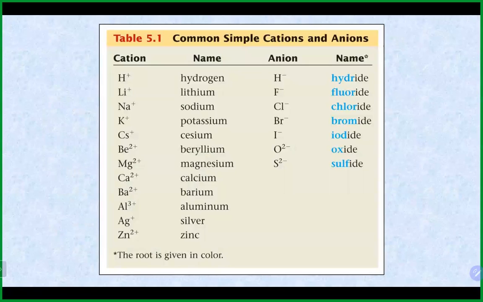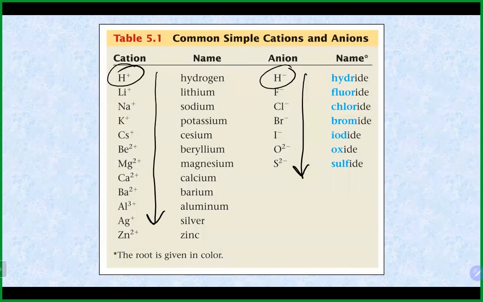Here's a table, as we've talked about: our positive ions get pretty much the whole name, and our negative ions get the IDE. The one exception is our good friend hydrogen. It actually goes both ways. If hydrogen comes after a metal, it will be the negative version of hydrogen.